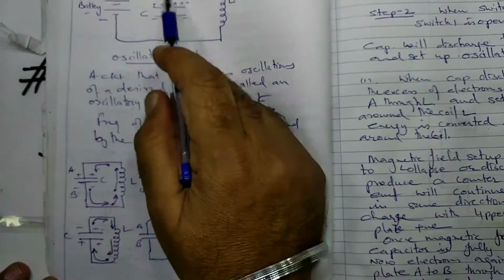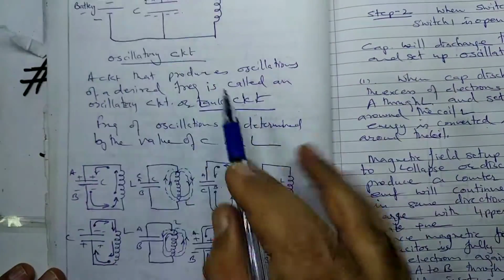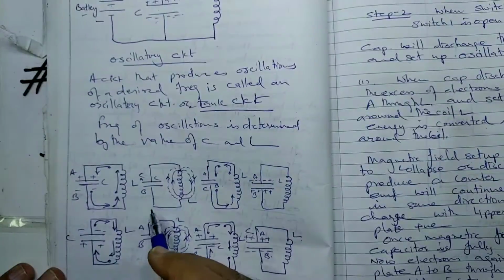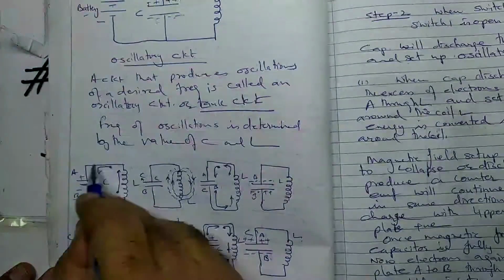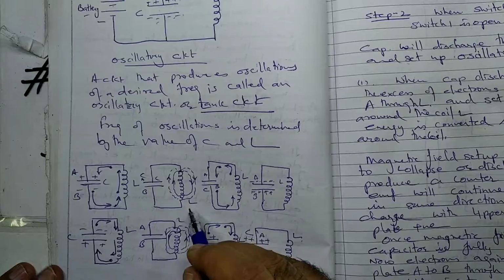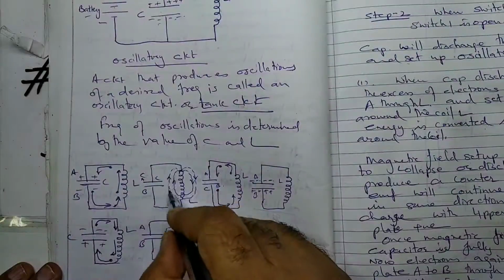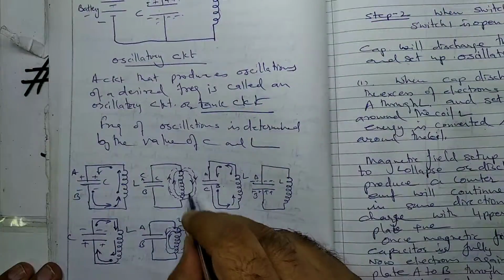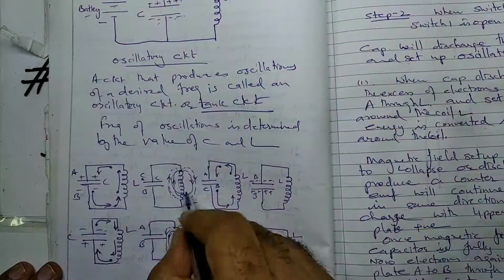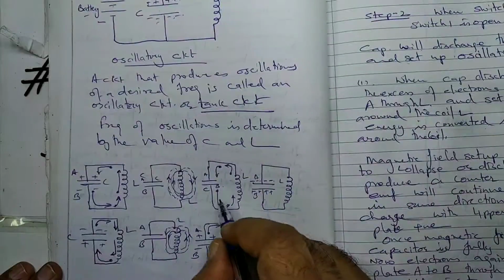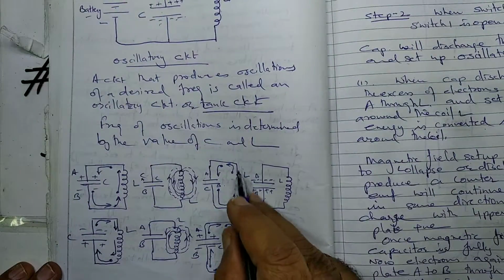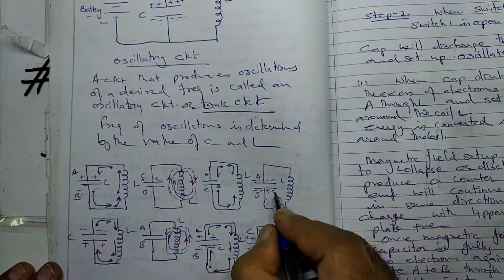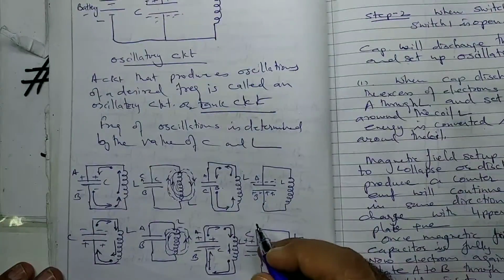First, when switch 1 is closed, the capacitor is charged with upper plate positive, lower plate negative. Now this capacitor is discharged through the inductor and energy is stored in the inductor. When this energy is discharged, the capacitor will charge with the lower plate positive and upper plate negative.